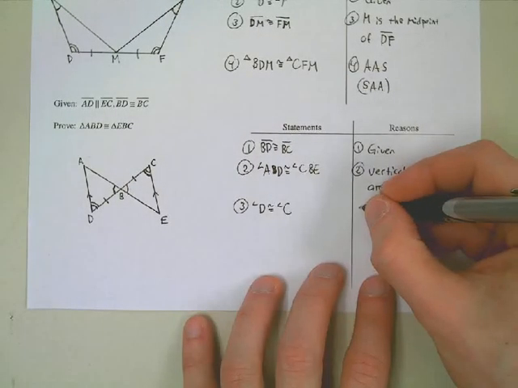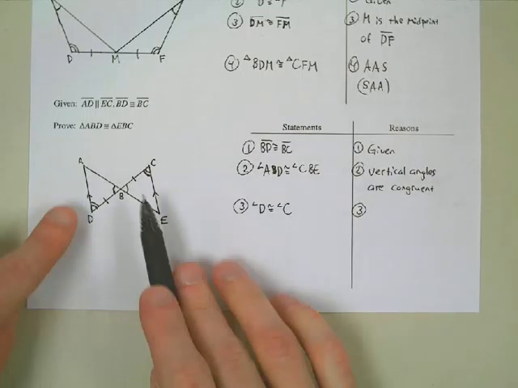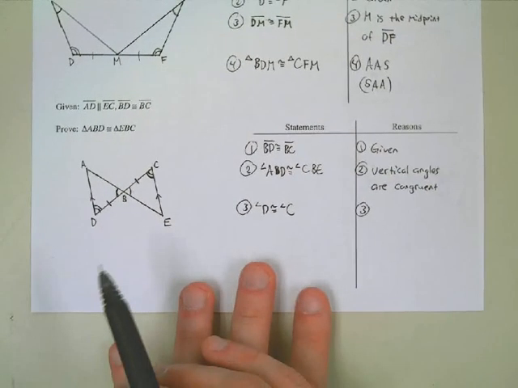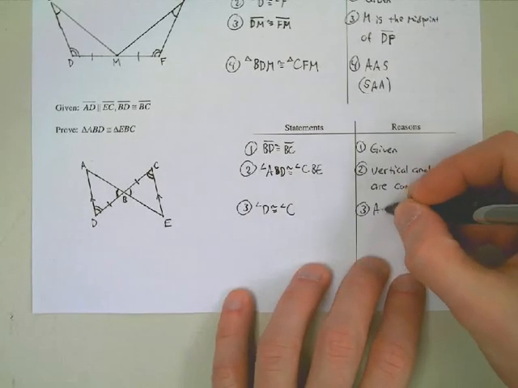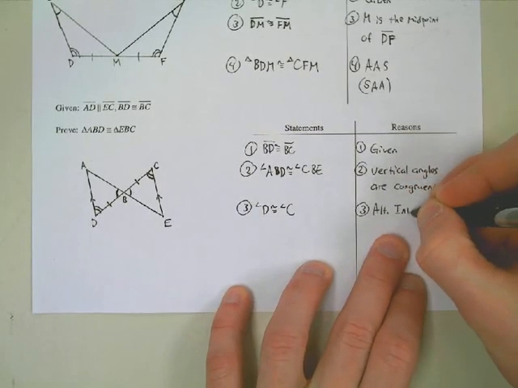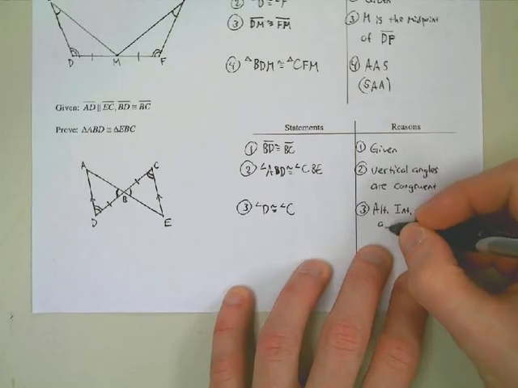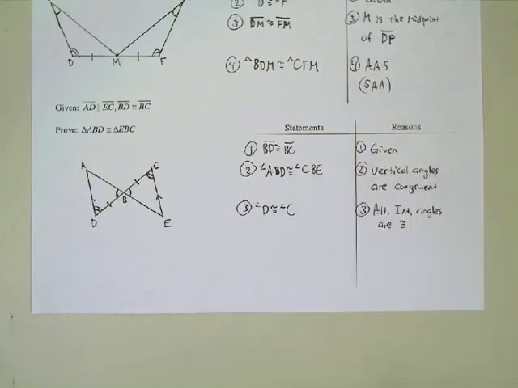What special angle pair are they? Alternate interior angles, yes. So we have to say alternate interior angles are congruent. Since we have those parallel lines there, alternate interior angles are congruent. So remember that from Unit 1, our first unit, that's what we talked about. Okay, those parallel lines.